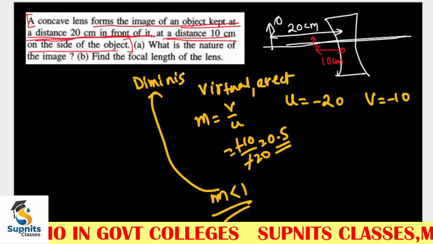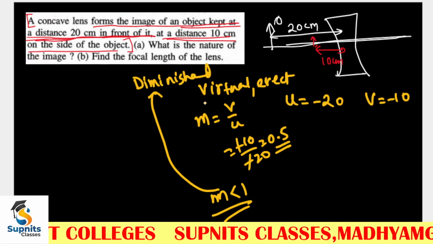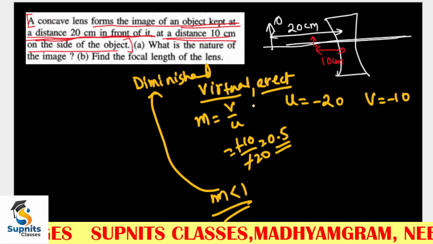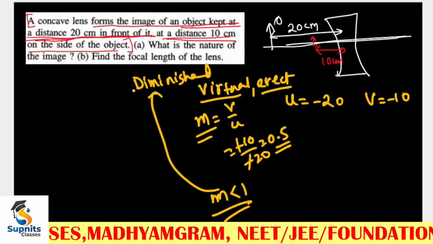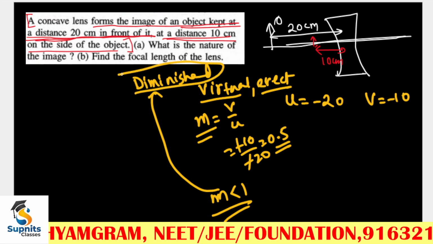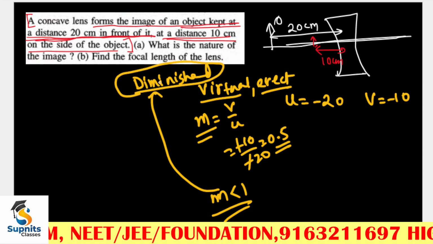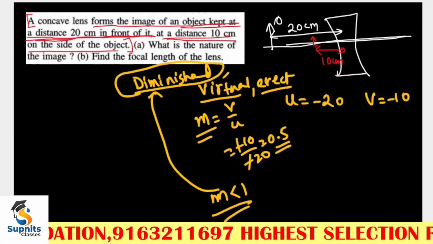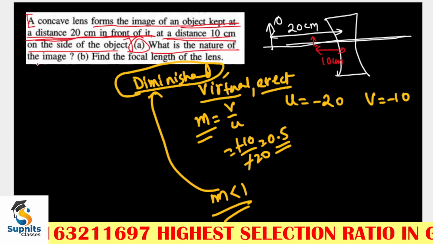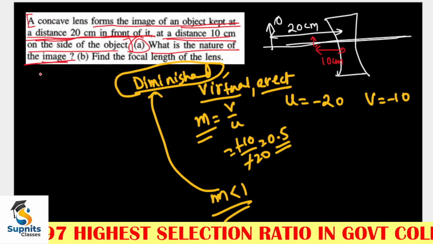So only if I say that image is virtual and erect, that is not going to complete my answer. I have to also find out magnification which is less than 1, and I have to also write that the image is diminished. Then my answer is complete. In case of nature of image, otherwise answer is not complete.